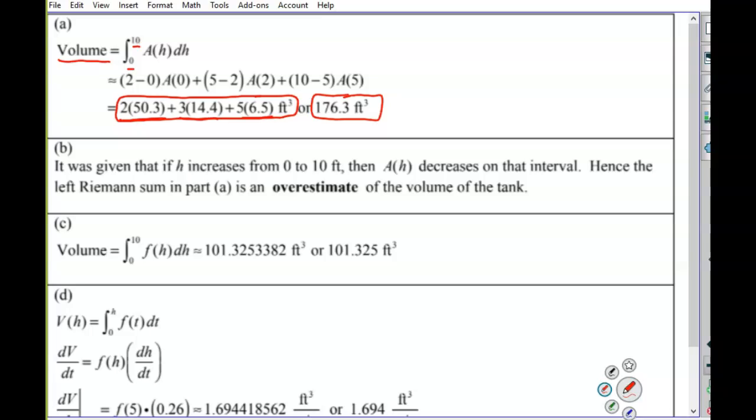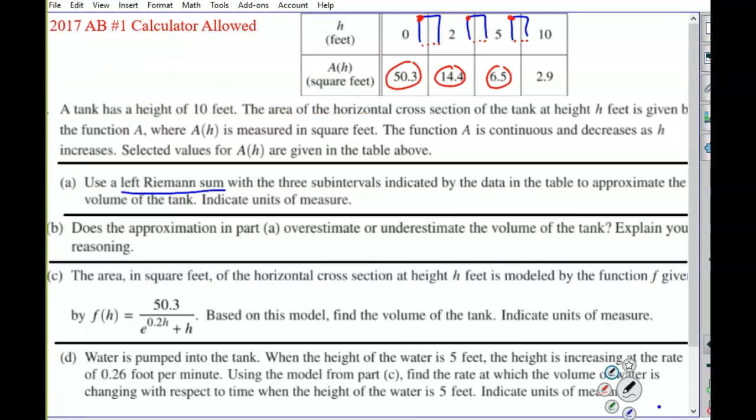Now, part B is interesting. It says, is it an over or an underestimation? Well, let me show you what parts hint at this. So does the approximation part A give us an over or an underestimation for the volume in the tank? Explain your reason. Well, they tell us in the directions that the tank has a height of 10 feet.